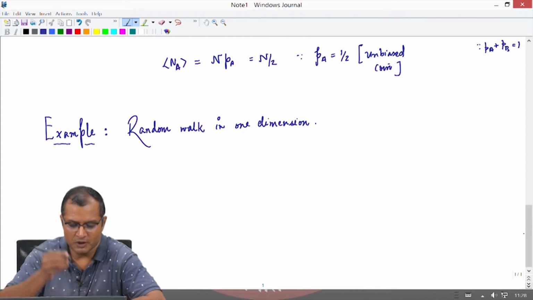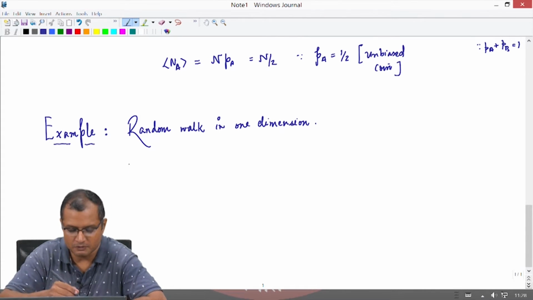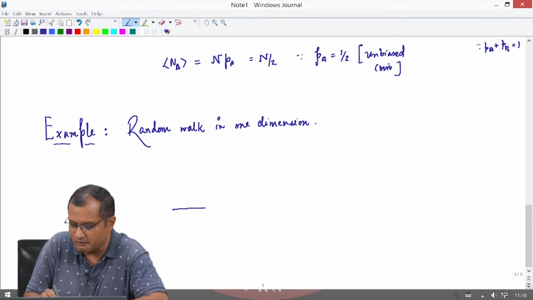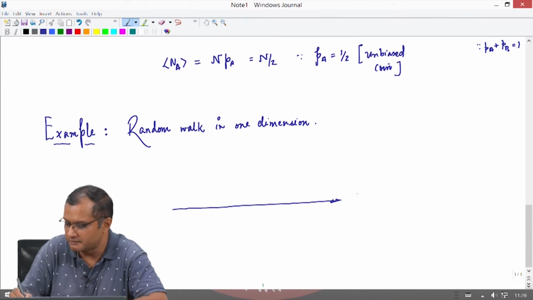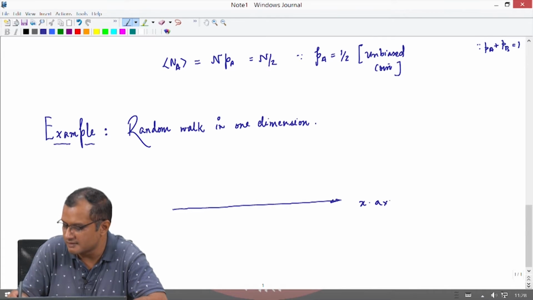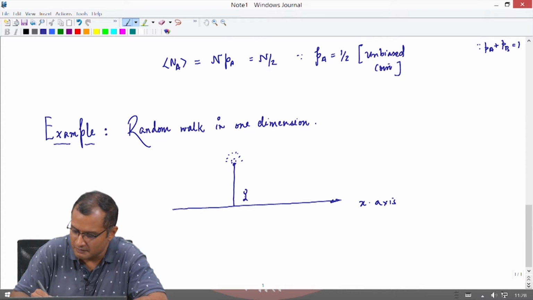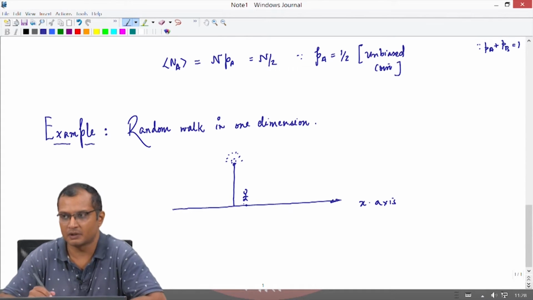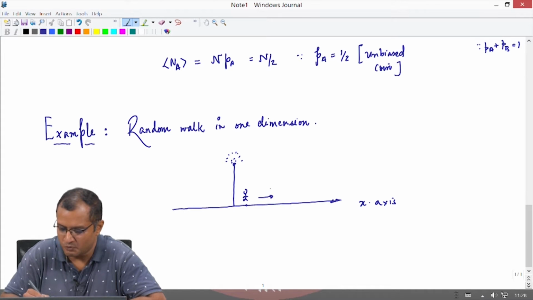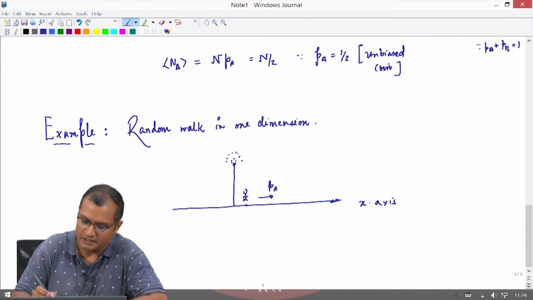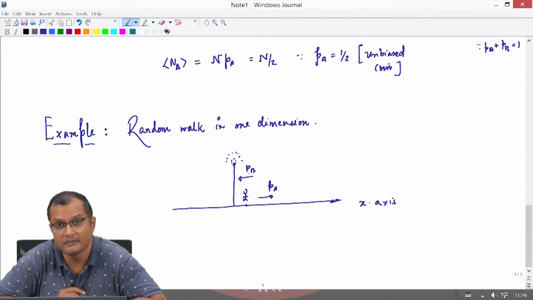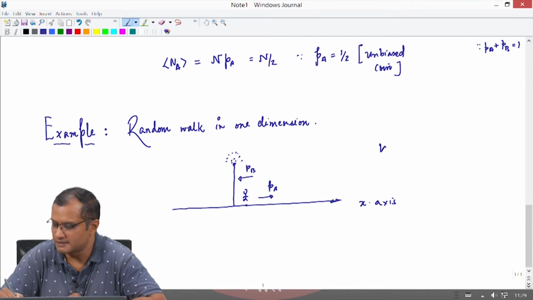So, let us say you have a walker, our 1D walker, who is walking on a line. Let us say this line is the x axis, and there is a lamp post here, where he starts his walk. Now, the walker can go right with the probability P of A, and the walker can go left with the probability P of B. Let us say that the walker is unbiased.